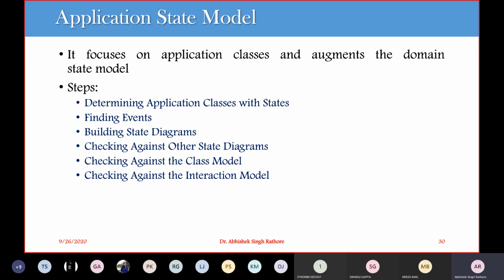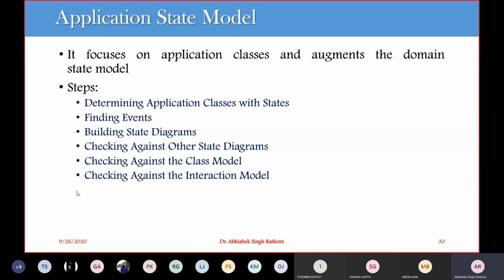All the things that are considered in your domain model or application class model should be reflected in your state model, because these state models represent dynamic behavior. Once you have identified the static behavior, this static behavior should be reflected in your dynamic behavior.